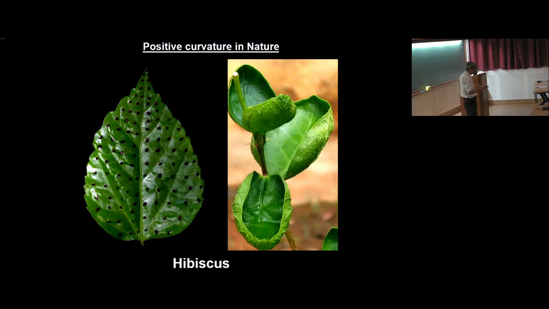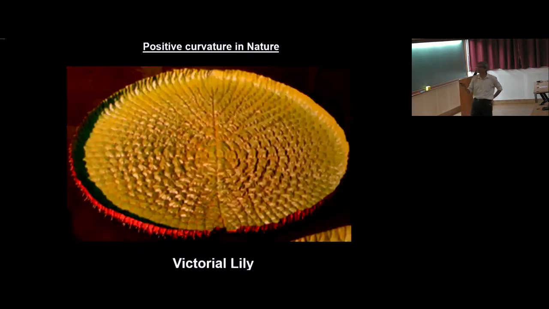New shape, new function. And you don't need that for a leaf, for optimal sunlight, you don't need this one. So this, of course, has less adaptive advantage than the flat one. But you do see variants where you have a positive Gaussian curvature, or the Victorian lily for that matter. This will also have a positive Gaussian curvature.